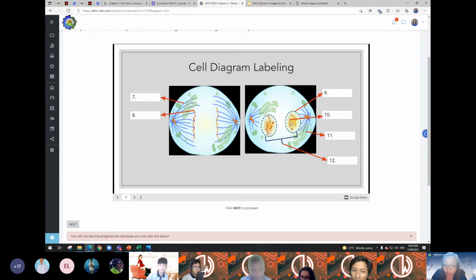Then number 10, this is now chromosomes, ma'am. Is this chromosomes, class, or chromatid? Chromatid, ma'am, in telophase. Okay, good. And they will decondense later. Okay, number 11, the blue one. Spindle fibers.